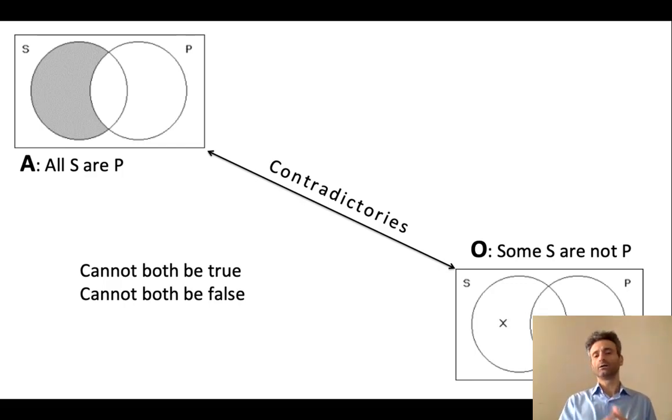If all are, then it's false that some are not. And vice versa. If some bananas are not yellow, then it must be false that all bananas are yellow. So if one is true, the other is false. But they cannot both be true, and they cannot both be false.